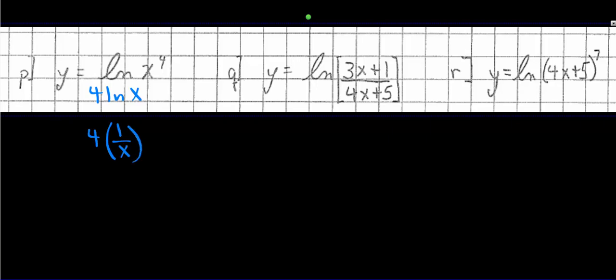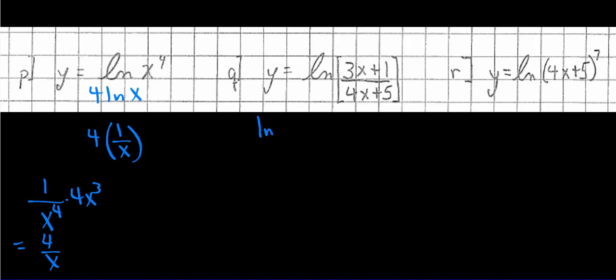Now, the alternative is we could say 1 over x to the fourth times the derivative of x to the fourth, which is 4x cubed. And notice it still reduces to the same thing. You get 4 over x. So same thing.